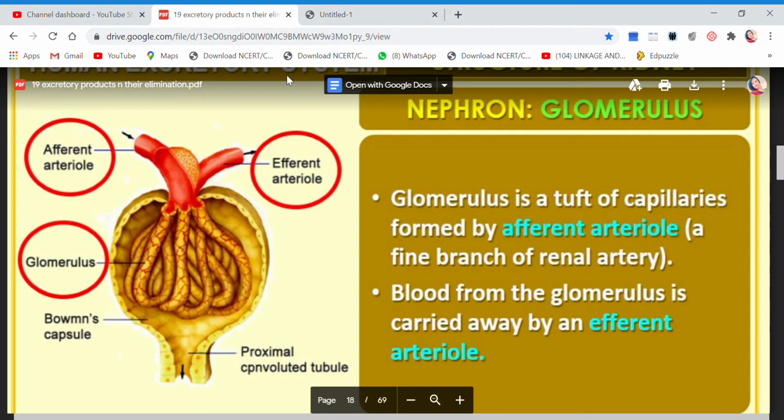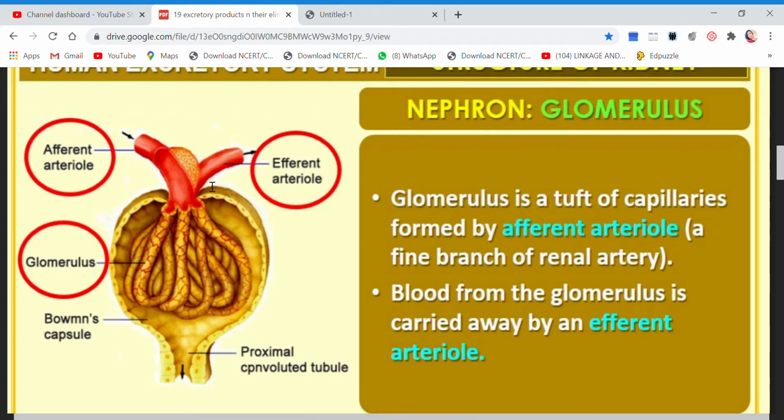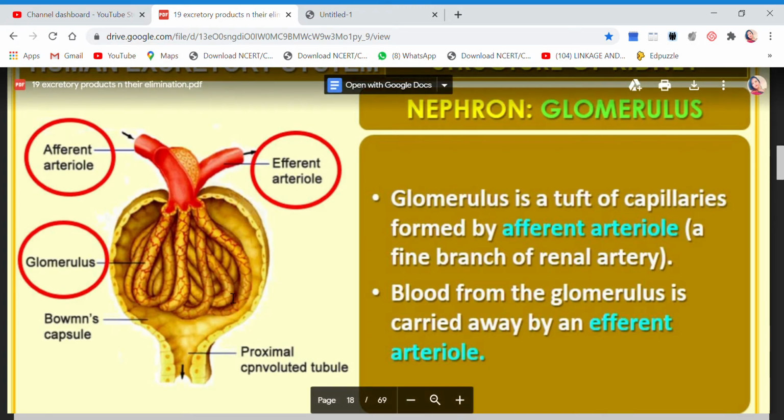Okay, see, this is afferent arteriole and this is efferent arteriole. This is glomerulus, the tuft of capillaries. Children, afferent arteriole brings in the blood.